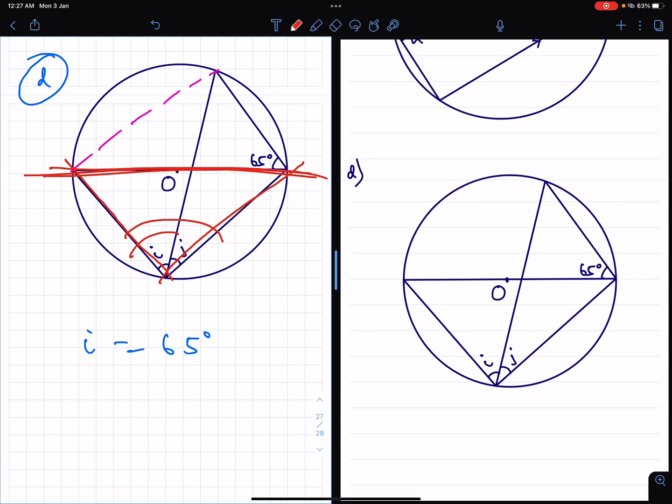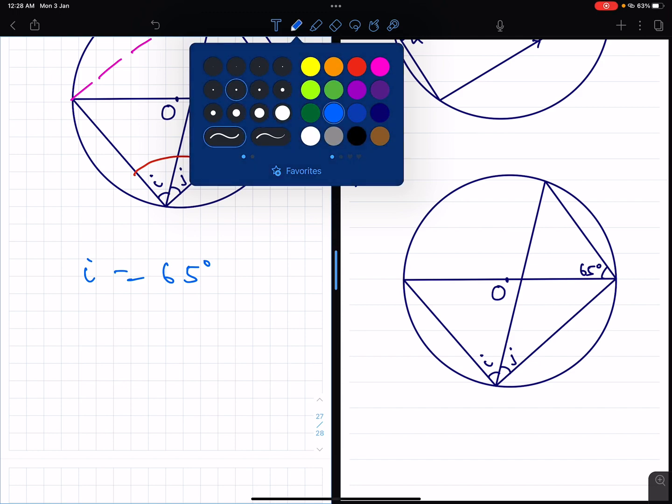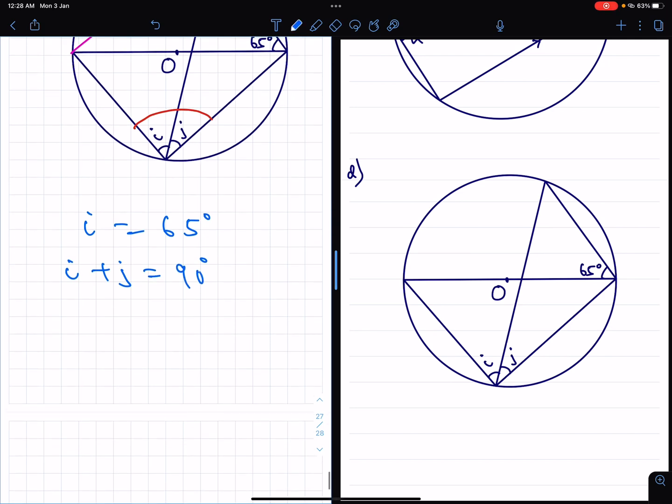So the angle between those lines is going to be a right angle, which is 90 degrees. The reason for that is angle in a semicircle. So if you already know a part of it, which is I, to be 65 degrees, I plus J equals 90 degrees, angle in a semicircle.